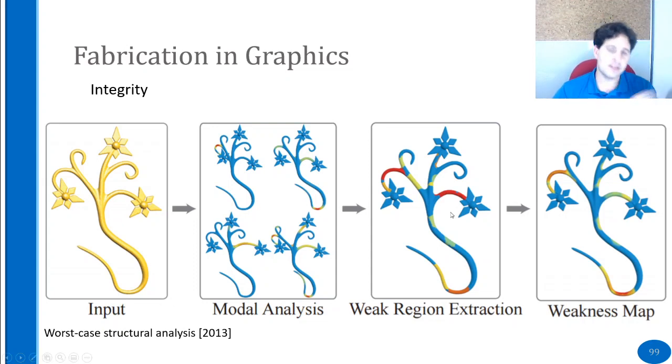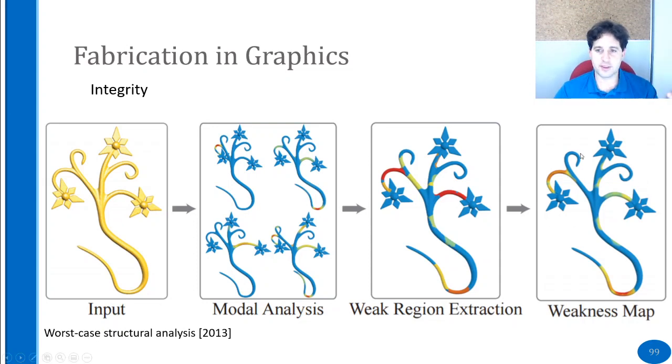The idea is that if something moves along many vibrational frequencies, it's probably weaker and more prone to break when you apply any kind of load. So weak regions are extracted, and then the physical simulation runs over only these regions. The physical simulation part is then significantly faster, especially since this whole process doesn't need to know what the loads on these objects are.